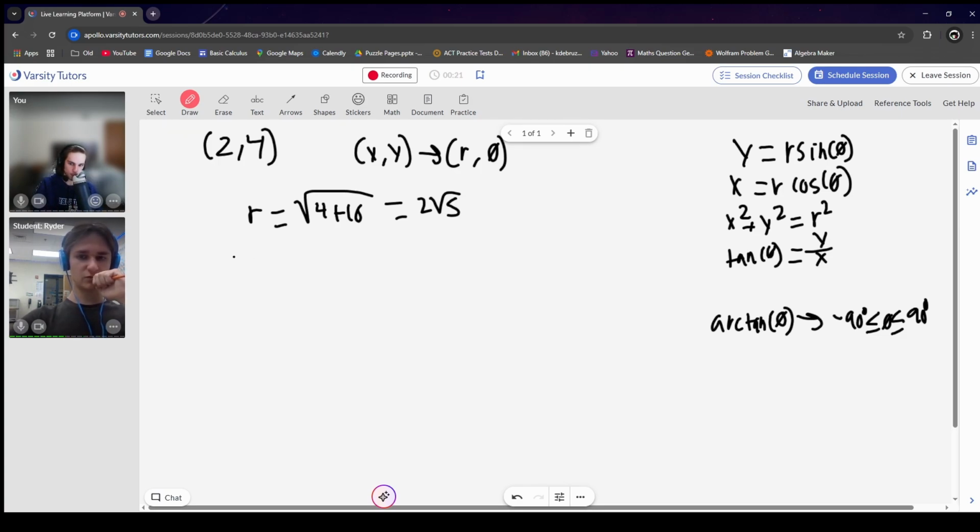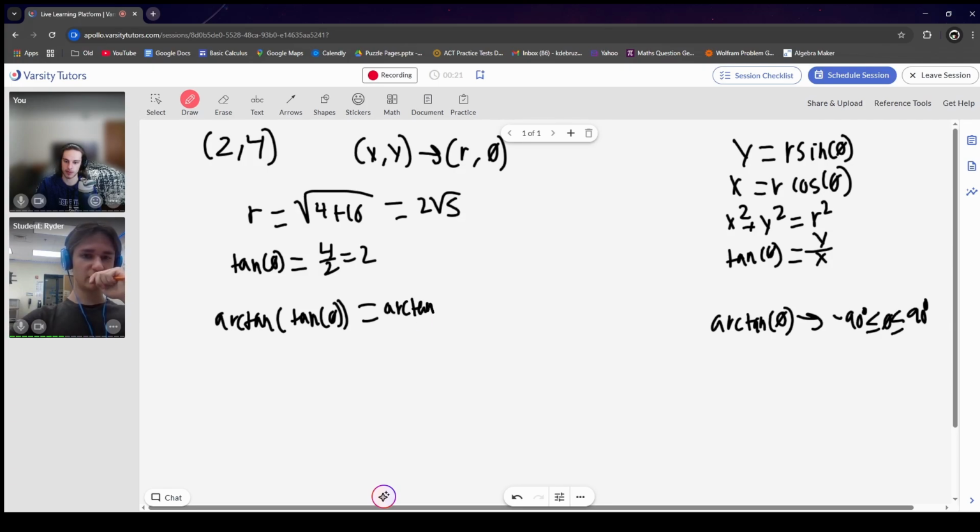After that, you have to do the arctangent of 2, which I'm not sure what it is without a calculator, but that one's pretty simple with a calculator.